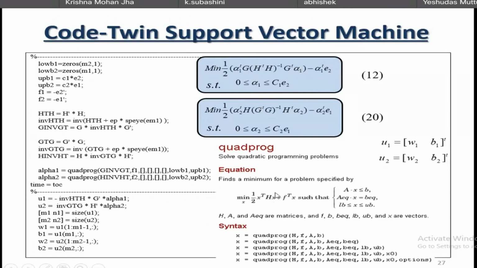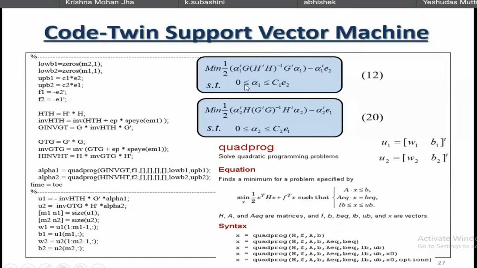You can assume that this is f transpose x, so this is e2 transpose alpha 1. So you can write it as minus e2 transpose as your f, and this is your x.